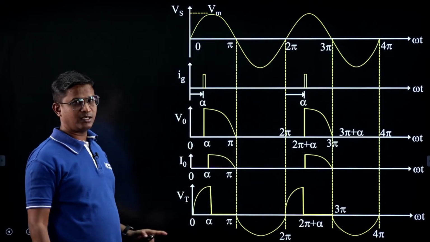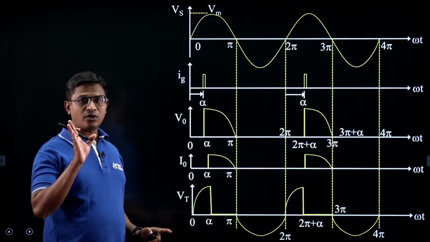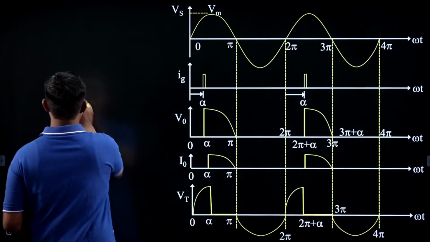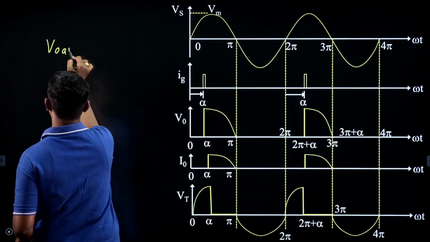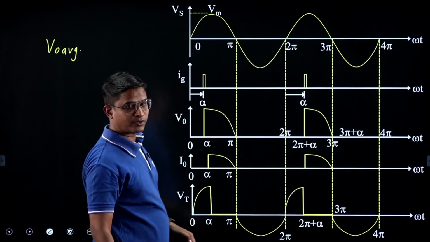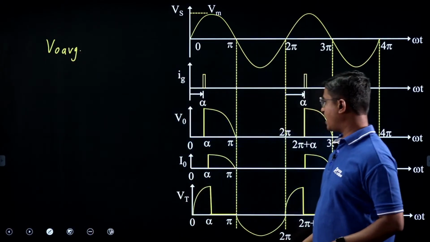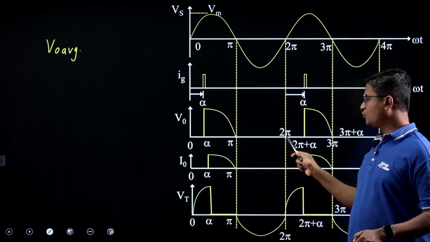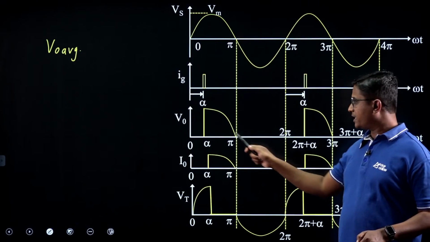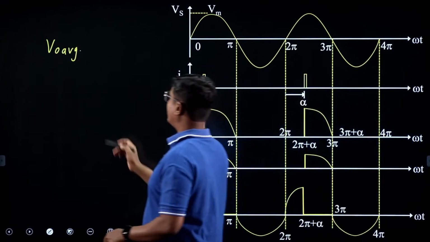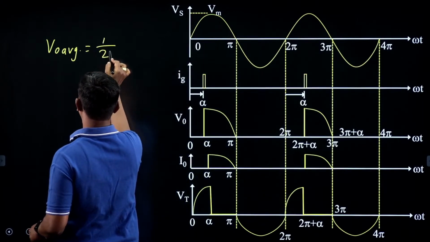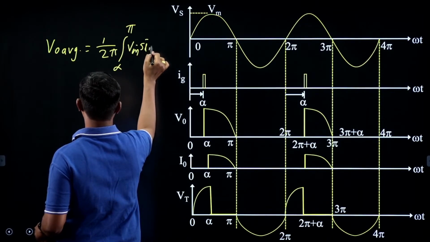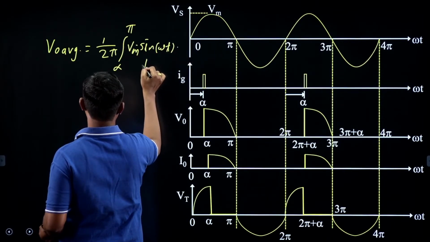Regarding the important points, let us discuss the expressions on which they have asked questions. The important one is V0 average, the average value of output voltage. How to find it? It is 1 by 2 pi, periodicity is 2 pi, integration from alpha to pi of Vm sin omega t d omega t.